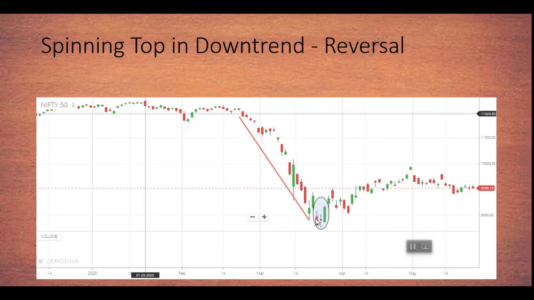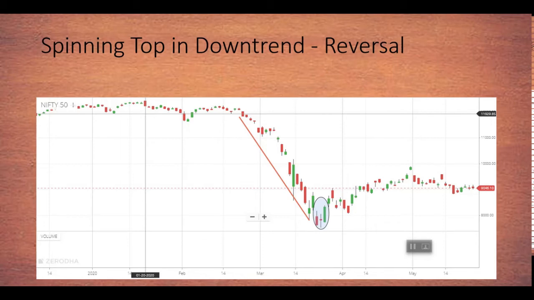But the bulls were not able to sustain the upward price movement, so the price moved down again. Even the bears tried to take the price downside, but they failed to take the price towards the downside as well.